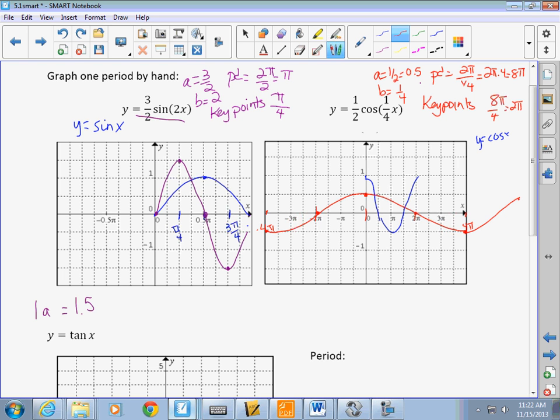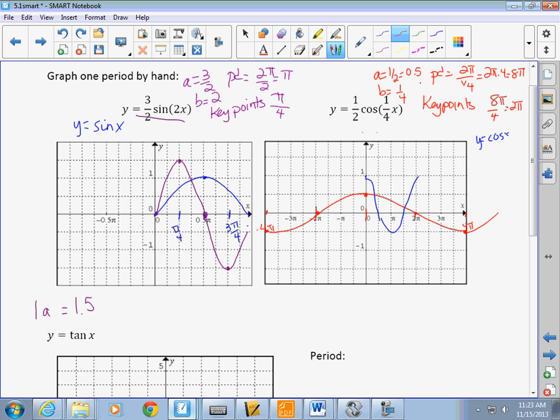Or 8 pi, I mean. This is done now. From negative 4 pi to 4 pi is my full period of 8 pi. I've gone down, 0, up, 0, down. So I've got my 2 zeros. Within one period, you need to have 2 zeros, and one up, one down.